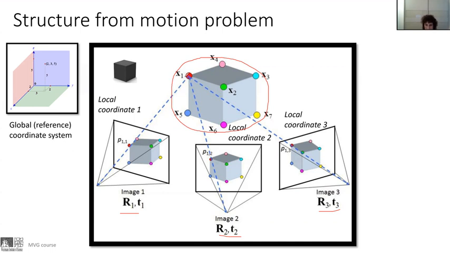And this allows me to move from the local coordinate systems to the global coordinate system, and to create the 3D structure in some reference global coordinate system, because what I see is only the local coordinate systems. I hope now it's better than last time, because I wasn't sure that I delivered it very clearly last time. Okay, any questions?